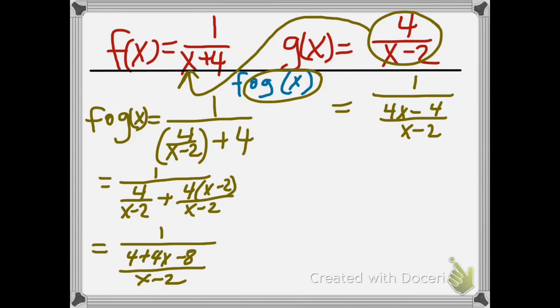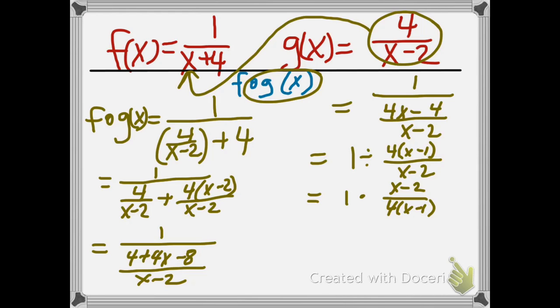Let me remind you that when you divide complex fractions, it's like saying 1 divided by, and I'm going to factor the top out to be 4 times x minus 1 over x minus 2. When you divide, you actually invert the second piece to be x minus 2 over 4 times x minus 1.